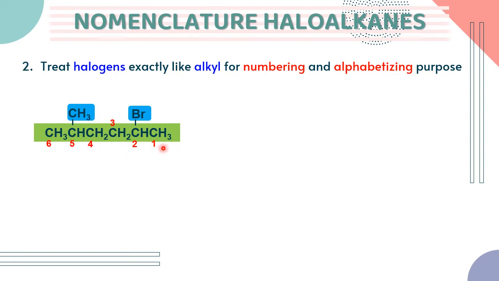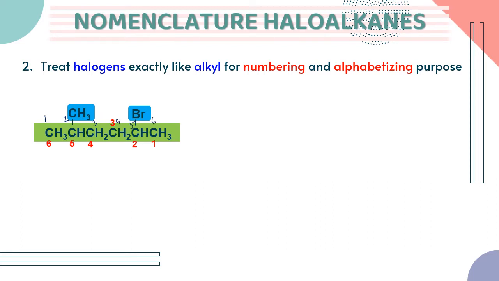Why? If I number it from the right, 1, 2, 3, 4, 5, 6, let me just scribble it down with the blue color pen for the position of the methyl. 1, 2, 3, 4, 5 and 6.